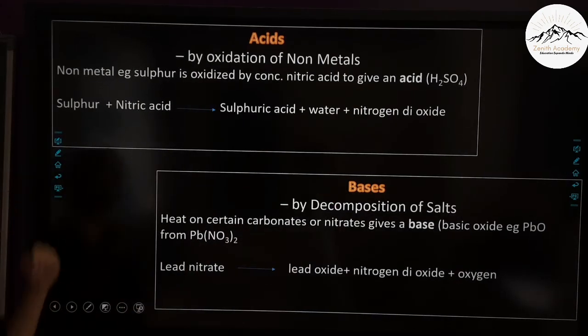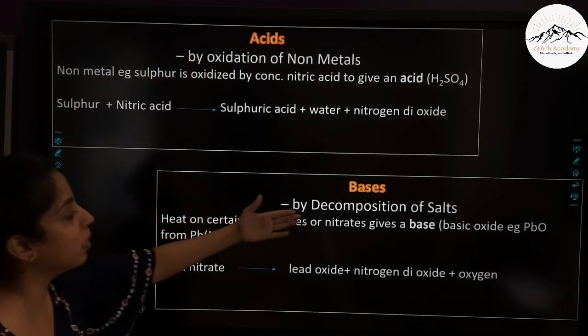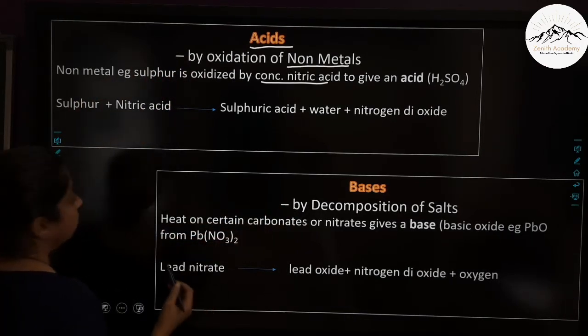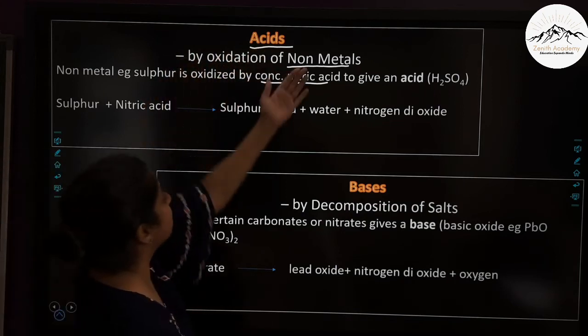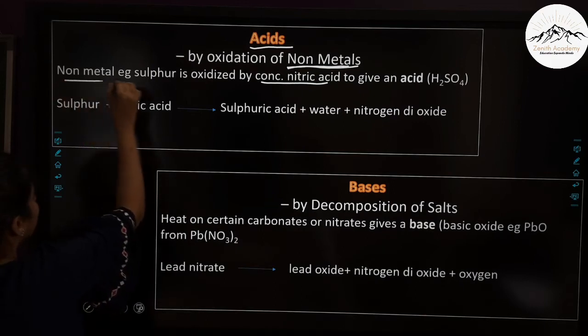Now let's go ahead with the formation of acids and bases by oxidation of nonmetals and by decomposition of salts. So let me tell you first how acids are formed by oxidation of nonmetals. Non-metal example, sulfur.